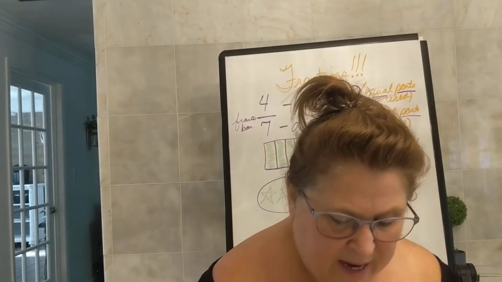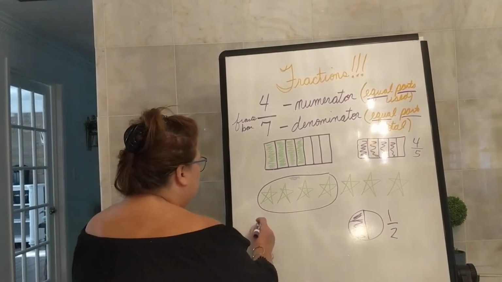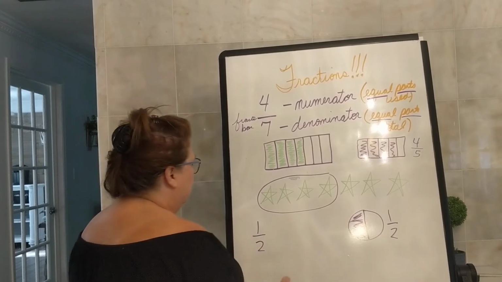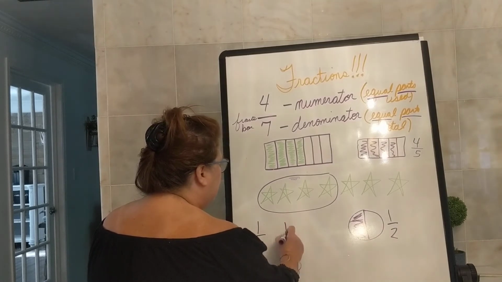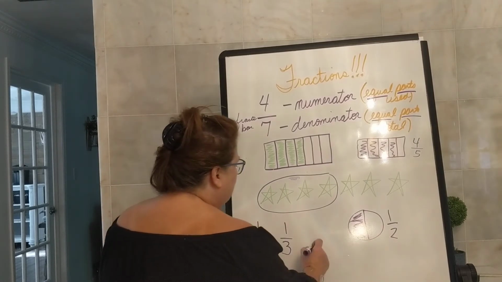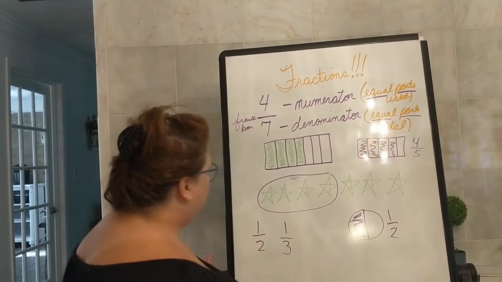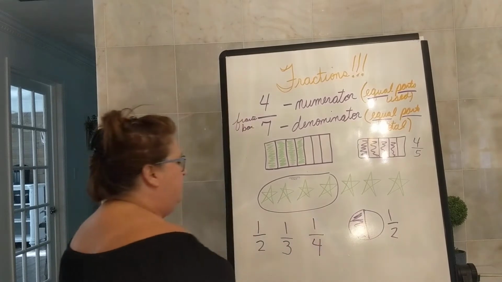So she cut her first pie into 2 pieces and gave 1 part away. She cut her second pie into 3 pieces and gave 1 part away. And she cut her last pie into 4 pieces and gave 1 piece away.